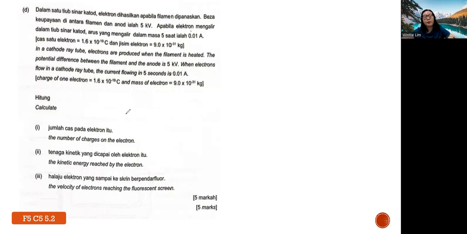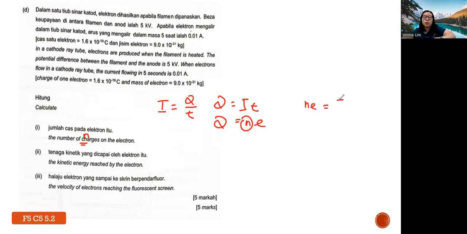First, calculate the number of electrons, so it's N. The general formula linked with charge is the formula of current, rate of flow of charge, Q equals I T. Another formula is that 1 coulomb of charge means a lot of electrons. Our context is to find N. So for part 1, you can use N e equals I T, then N equals I T divided by the charge of 1 electron. So you have e, you have I, you have time, and now you can calculate part 1.